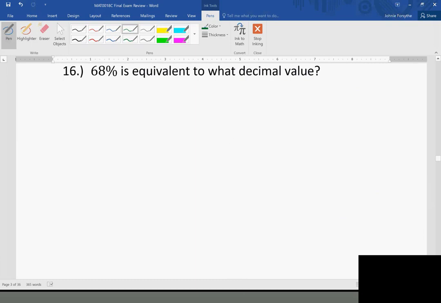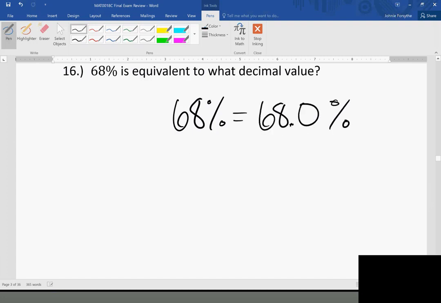Okay, 16. 68% is equivalent to what decimal value? So we have 68%. So we could do a similar thing that I just talked about. So right now 68% is the same thing as saying 68.0%, right?